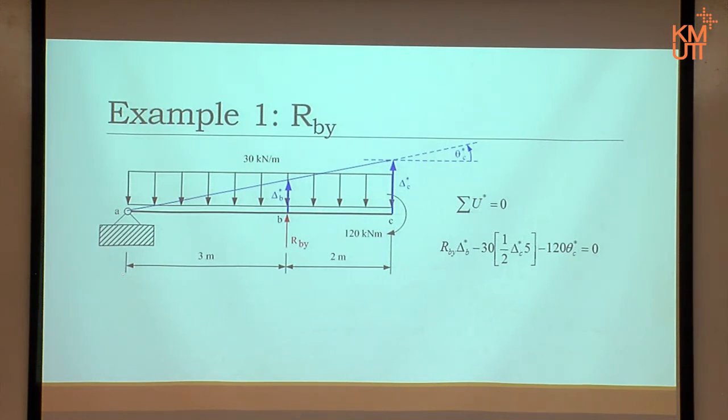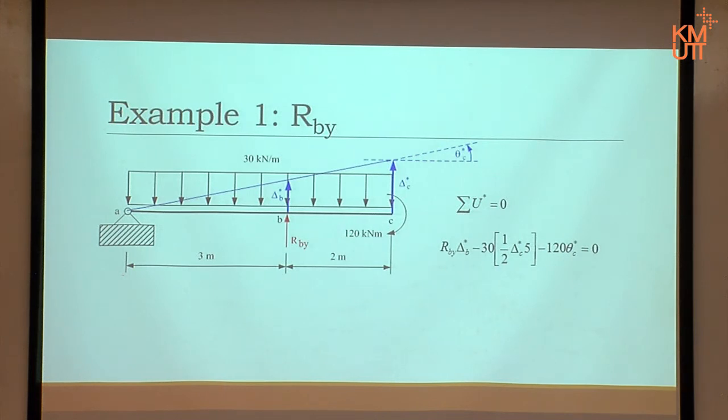Now at the moment it seems like we got stuck with 3 variables, 4 including RBY. However, these delta stars and theta stars are linked by geometry. Meaning, I could use any technique I want, maybe similar triangles or whatever, to relate them. In this case, I will relate them by theta C star.